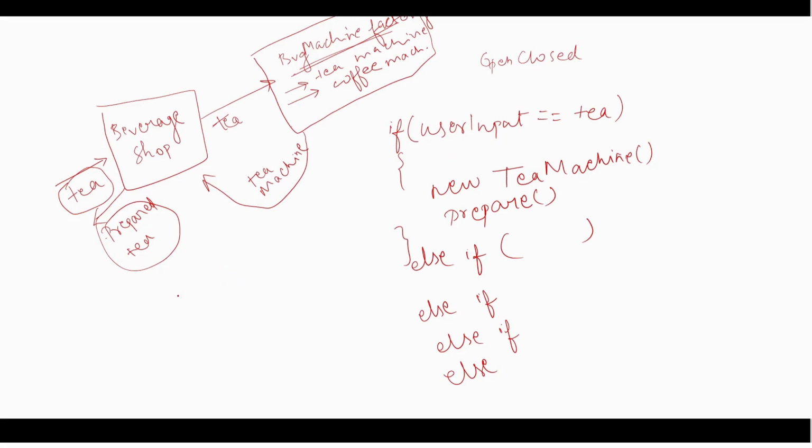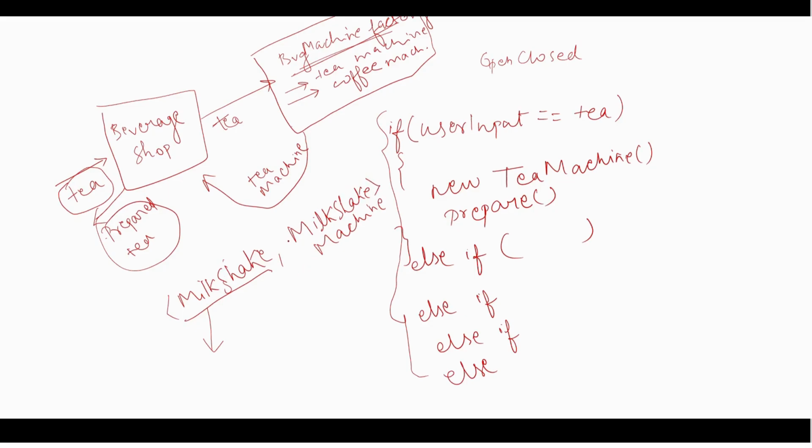For example, if it is a milkshake, we will add in the factory a key with the value milkshake and a milkshake machine that will have its own prepare method. Upon the user input, we simply get this machine using this key and call the prepare method on it. So no such chain is required. We can dynamically add our keys and corresponding objects, and dynamically execute the code out of it.